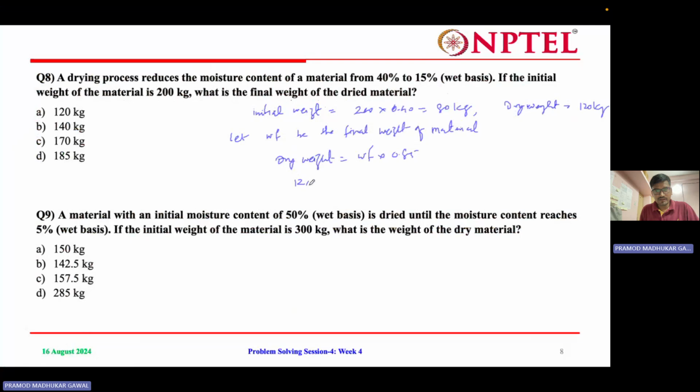So 120 equals WF times 0.85, right? So WF is equal to 141.18 kg, which is the final weight of the dried material. So the option here is correct.